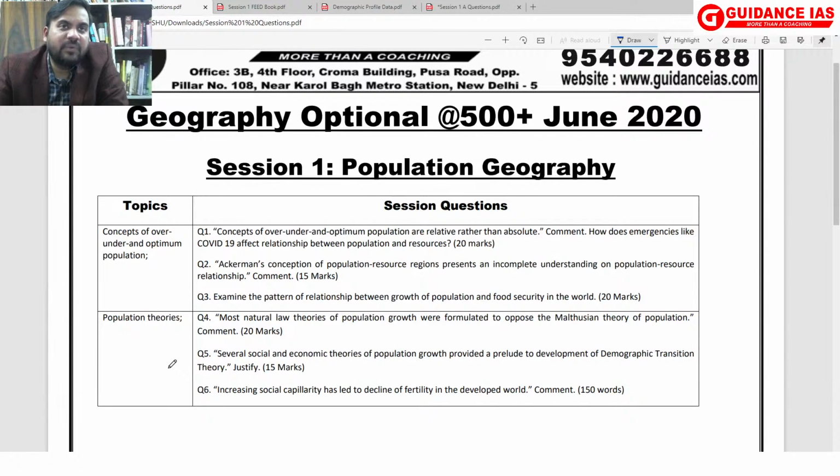Now here when I am taking the contemporary relevance of Malthusian ideas, I am not going to explain what was Malthusian theory in the class. I will focus upon what is the contemporary relevance of his theory. That means you should already know what was the Malthus theory.